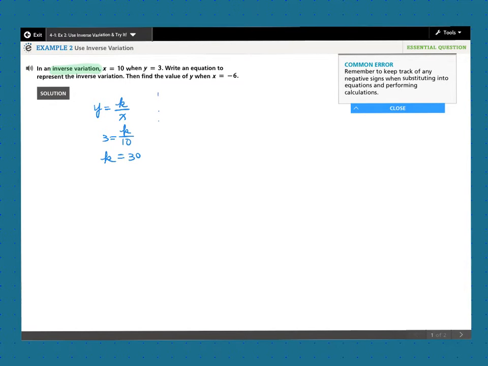And now that's the first step. So now you write out, put the k in there, so you have this very specific function right here. And we're looking for x to be -6, so y equals -5. Okay, so you can say the equation that represents the inverse relation is y equals 30 over x, and when x equals -6, y equals -5.